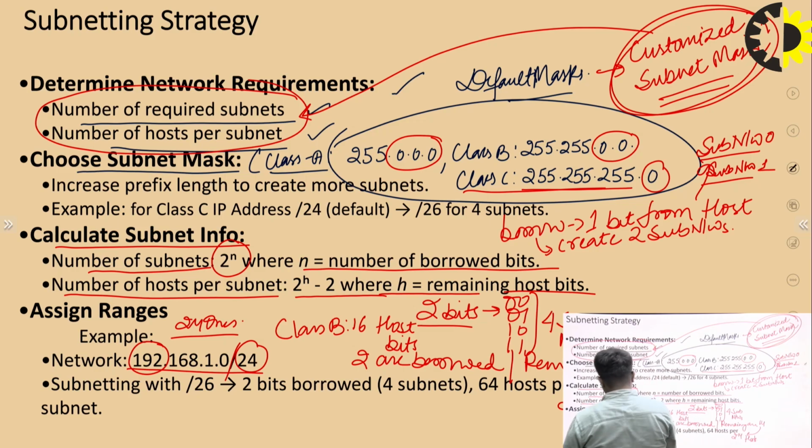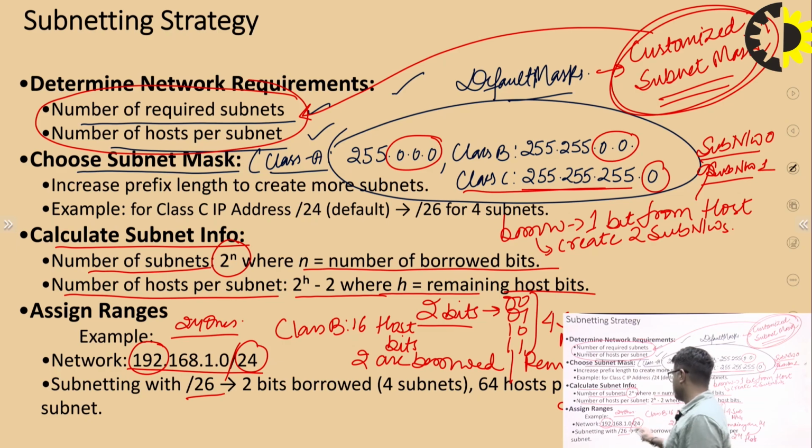And now if we want to create this /26, if I mention 26, that means I have borrowed 2 bits from the host part. So 24 were already there with the network. These 24 bits already belong to the network, and from the remaining 8 bits, I have used 2 more bits.